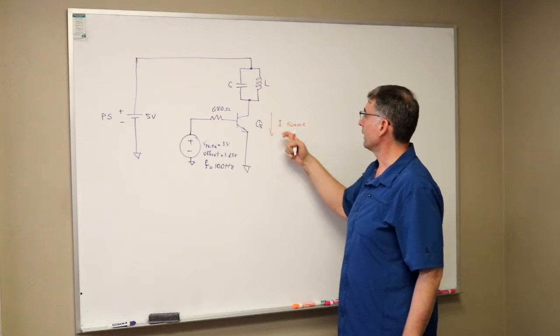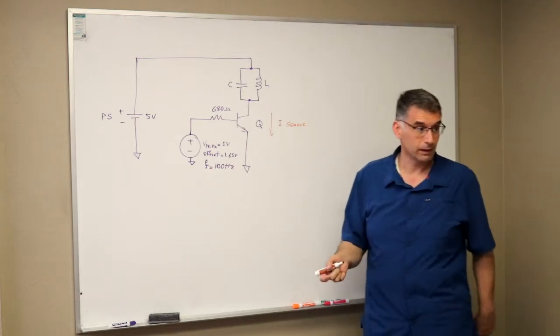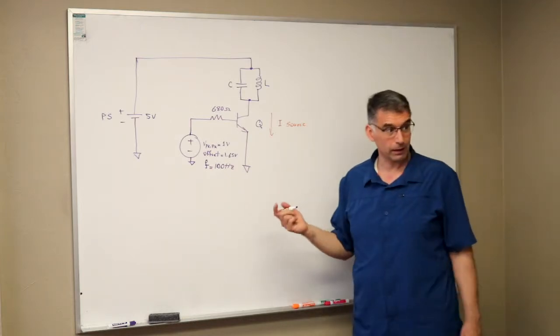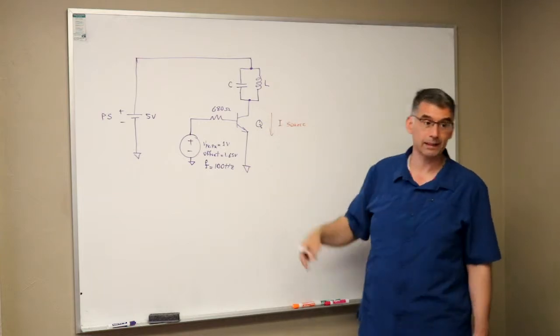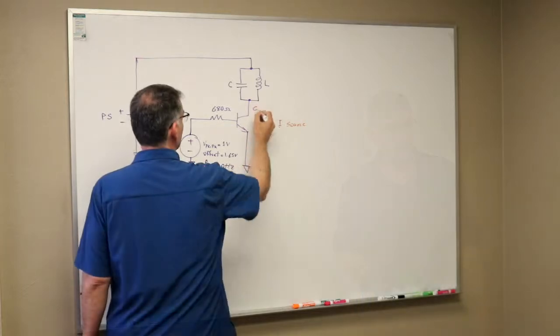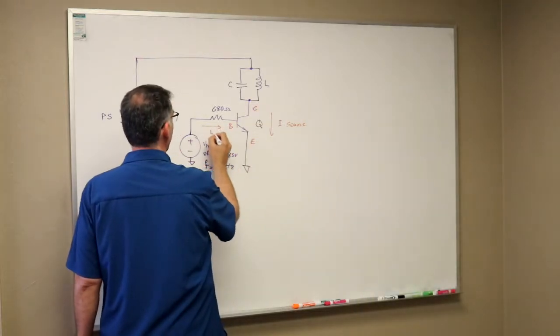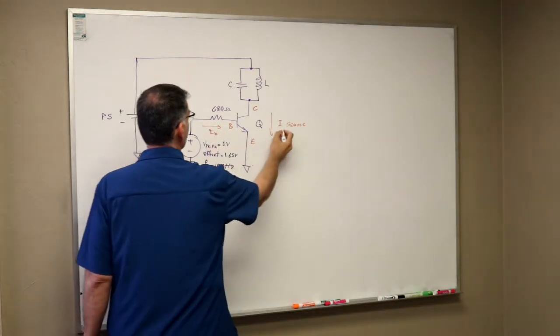Right? And the value of the current is set by what? So you're right, it amplifies the current. The current through here is an amplified version of which current? Collector, base, emitter, going into the base, right? The base current, right?